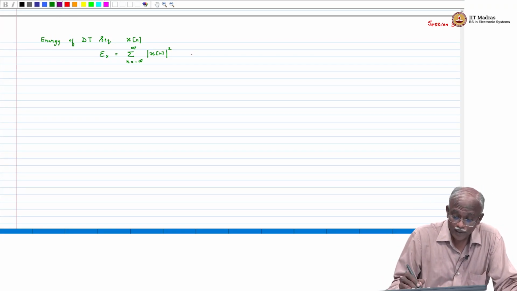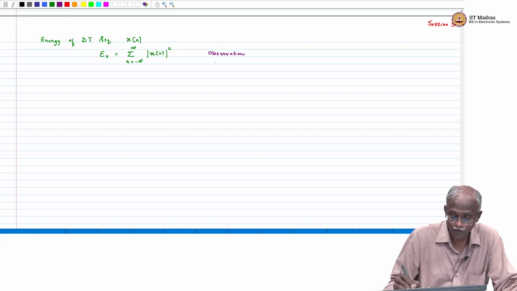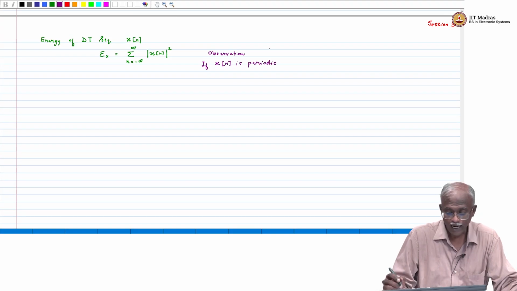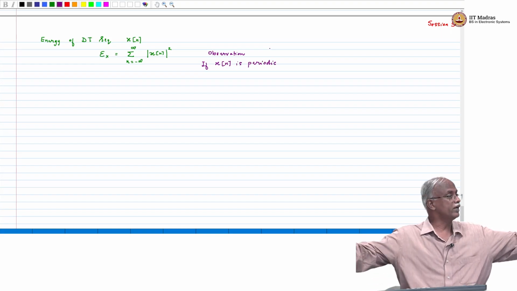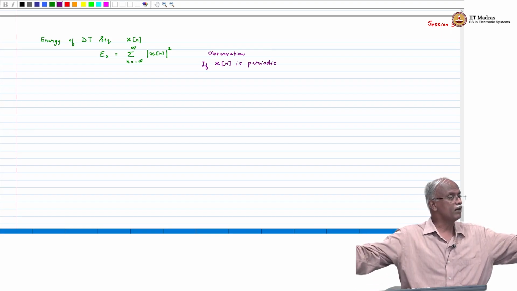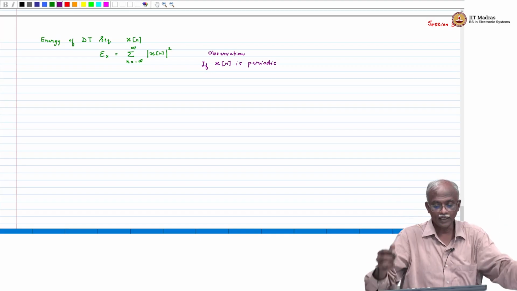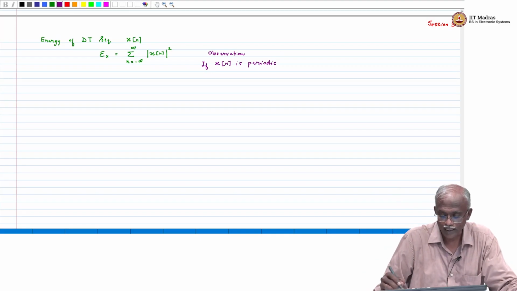Now, straight away we can make an observation. If it turns out that x of n is periodic, then as you go from minus infinity to infinity, the energy will keep on increasing and eventually it will go to infinity.